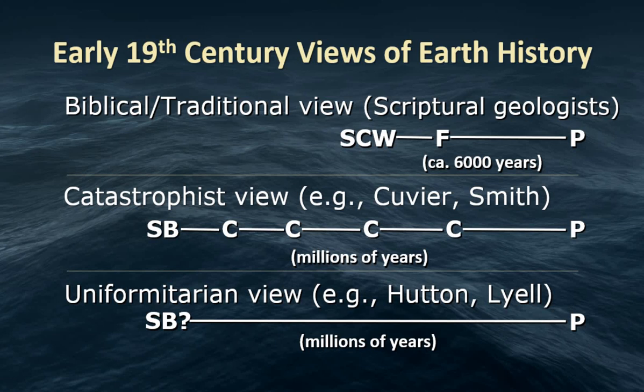The process of geological change had been uniform all throughout history. Some may believe in a supernatural beginning, but notice there's no C's on that line, no catastrophes. They may have believed in small floods here or there, like we see today, and a volcano here and there during the course of a year, but they did not believe in any catastrophes like it describes in Genesis.